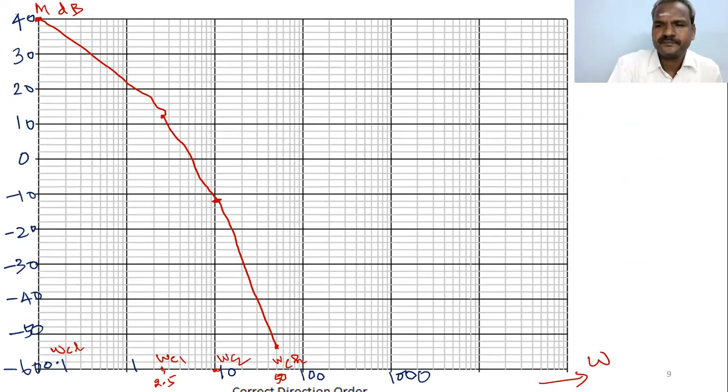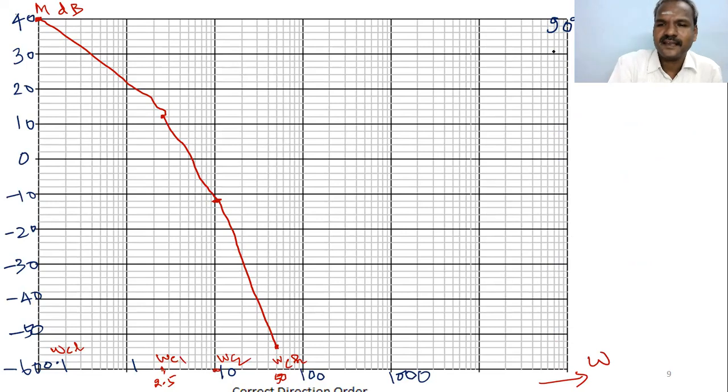So 90 degree, you can have it as 90 degree. Then 100, 110, 120, 130, 140, 150, 160, 170, 180. Okay, no problem.